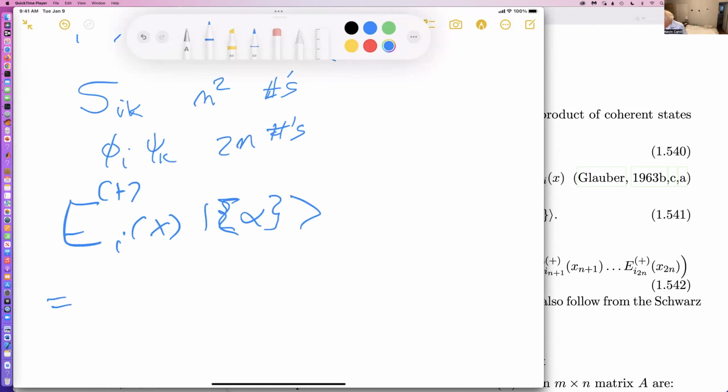Well, what is this E plus? This is a sum over all modes of something like e to the I kx, a of k and polarization s. S just goes from 1 to 2.